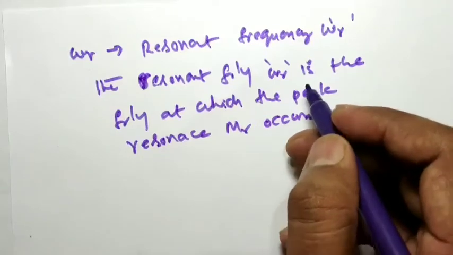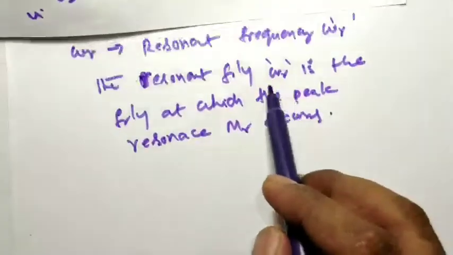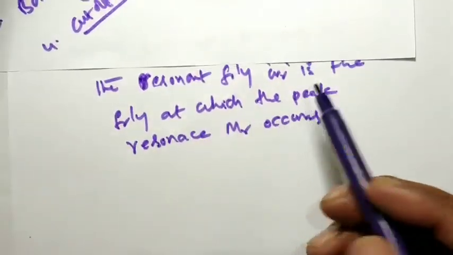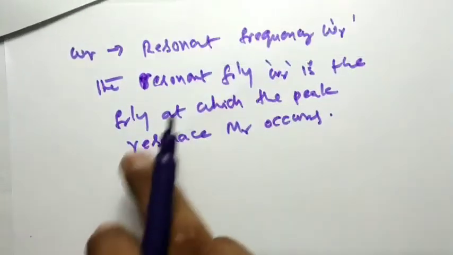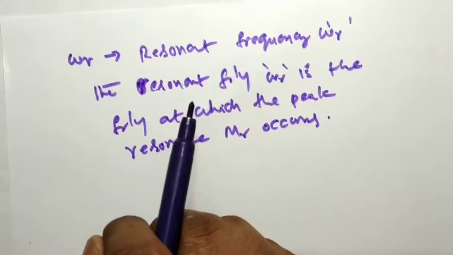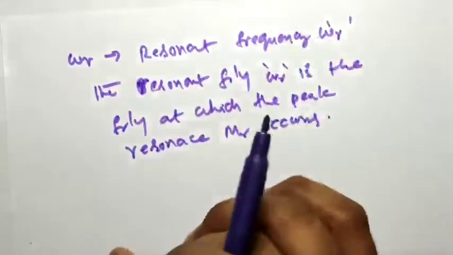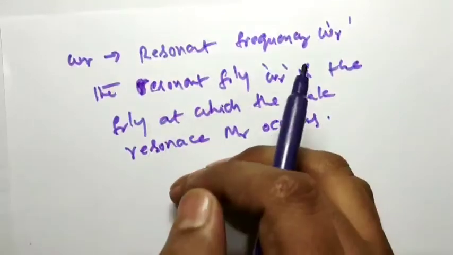You just see that here, this is omega R. So omega R is the frequency at which the peak resonance MR will occur. That is called the resonant frequency, right?